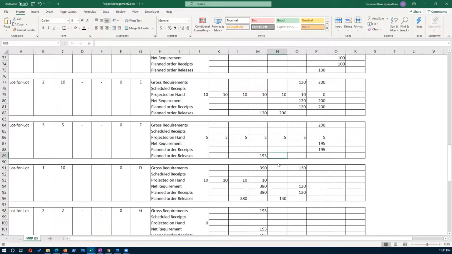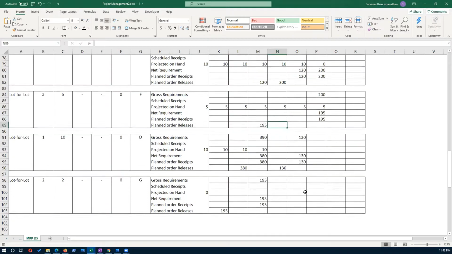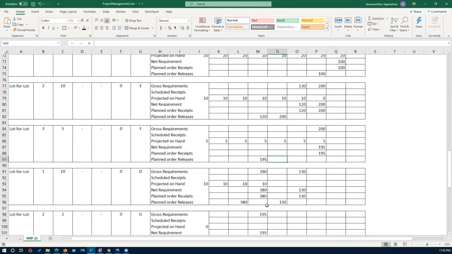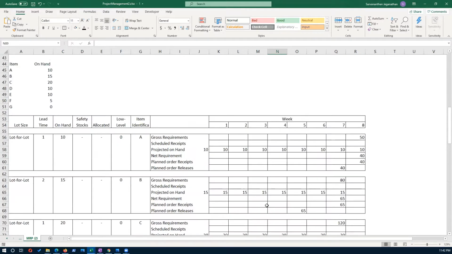Since we are ordering in 2 different weeks, here we need 380, 390 minus inventory 10, 380 we need to order on week 2, and then we need to order 130 to have that ready by week 5. All right, so that's how we create a net MRP.